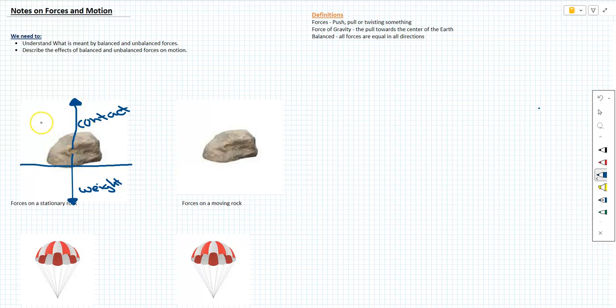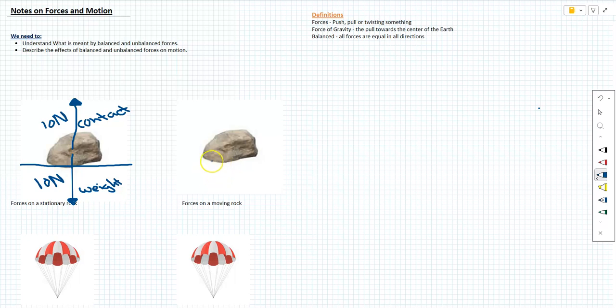If this one is 10 newtons and this one is 10 newtons, this rock will be stable. It will not move, it will not roll away, it will not even wiggle its way out, because the forces acting on this rock are the same.